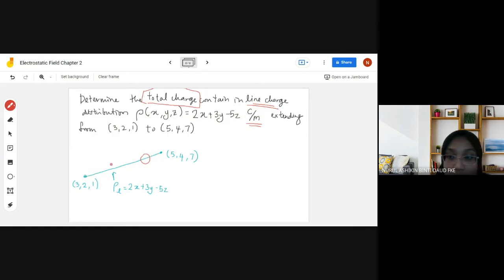We are engineers, so we can assume that the line can be crooked. It moves like this, the line can be like this, so it can be any line. So first of all, that's why it is very important for you to draw the diagram, because you want to imagine how the line distribution looks.